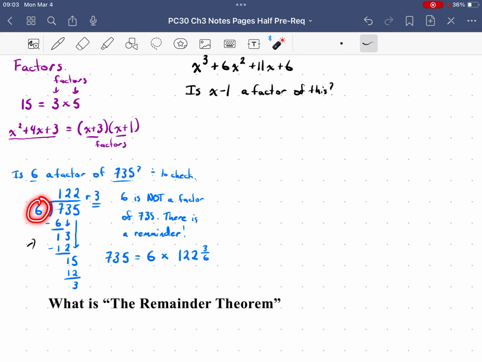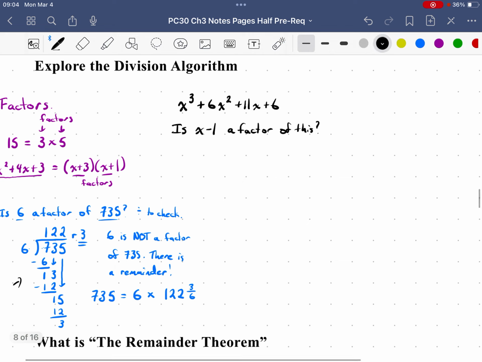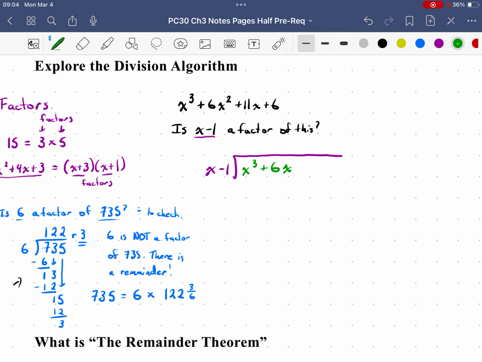So 6 went out here, 735 went down here. The same thing is going to happen in this case. We're going to take our x minus 1, put it out here, and it's going to go into our cubic function, x cubed plus 6x squared plus 11x plus 6.